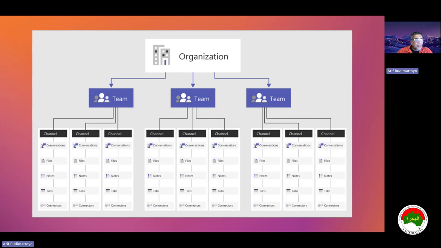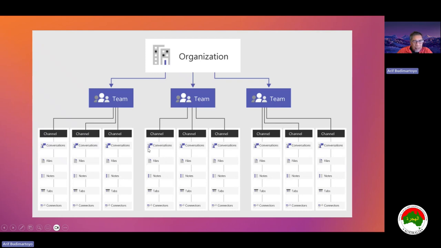And this is just to describe that from your organization you create multiple teams, based on the departments or the project or the area, and then on each team you can create channels.